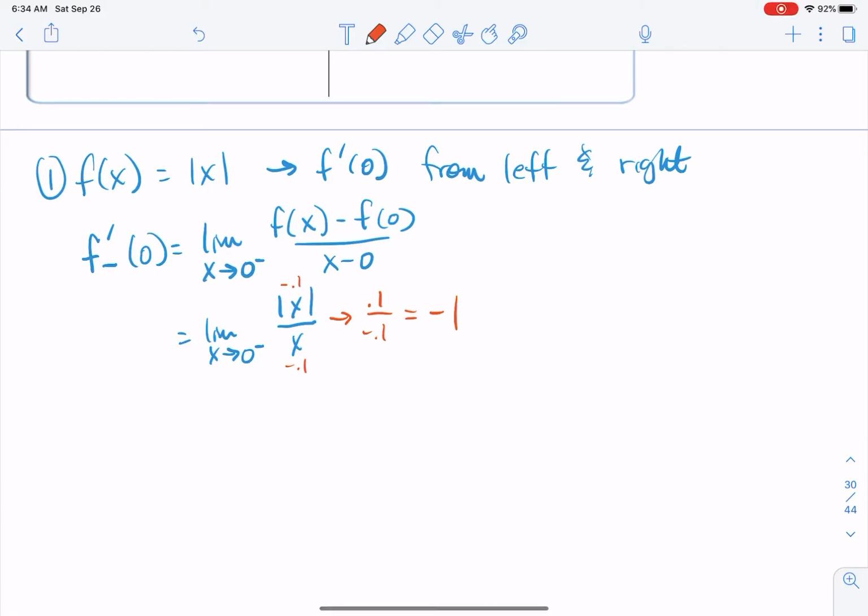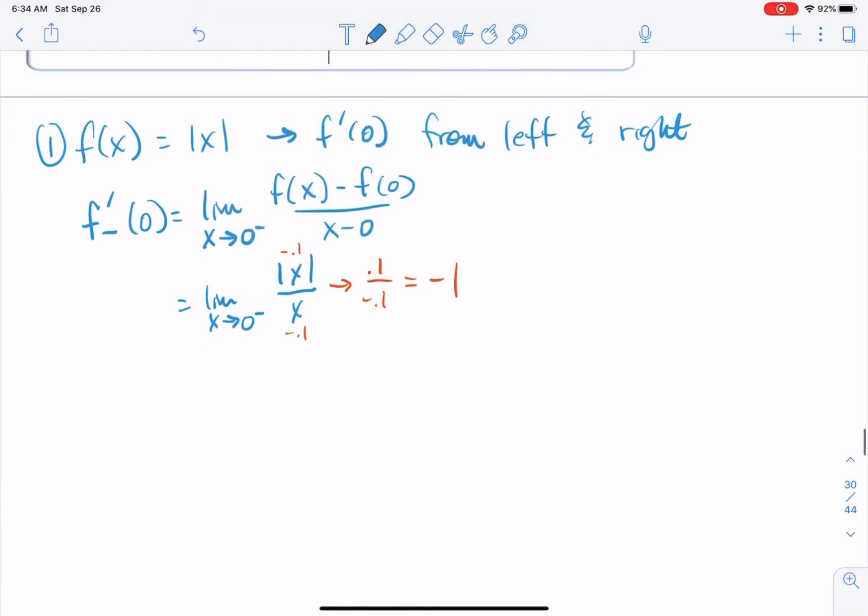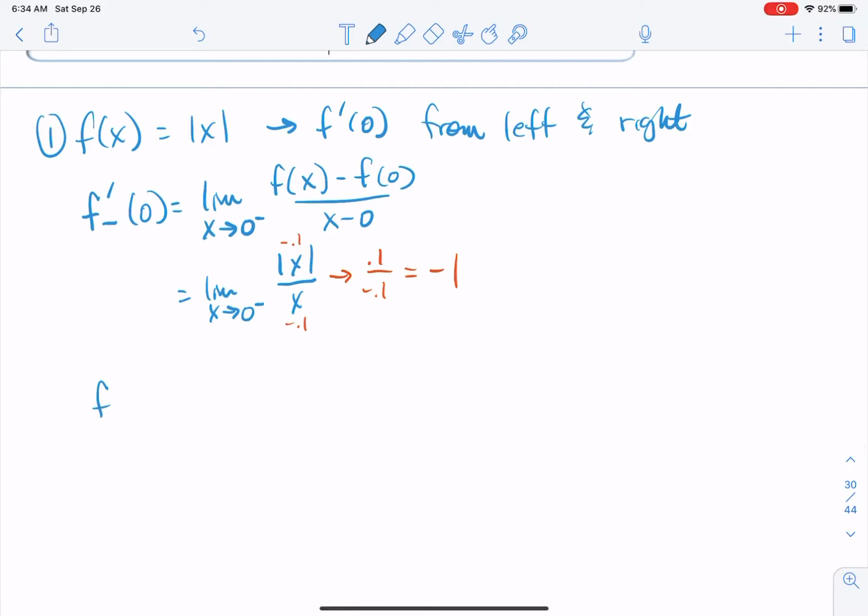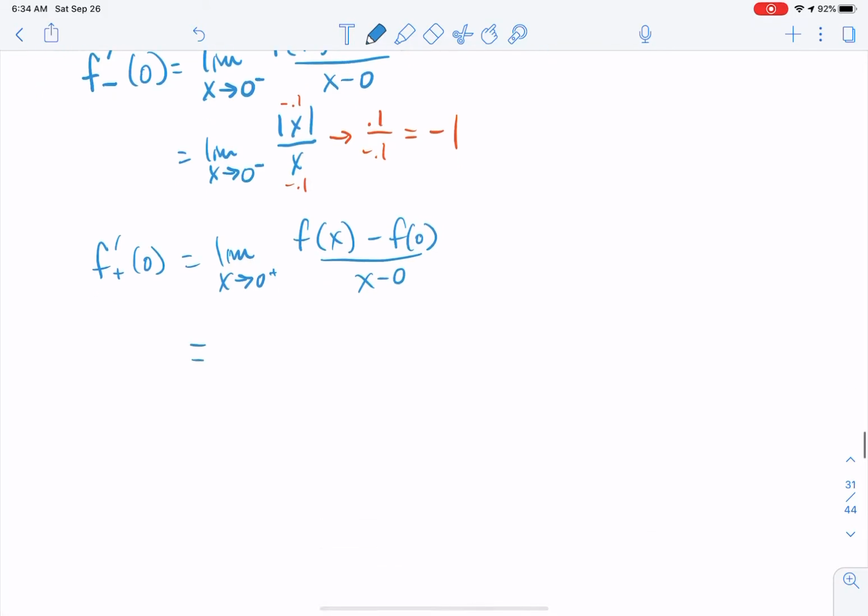Then let's do the same exact thing from the right-hand side. f prime from the right of 0 is the limit as x approaches 0 from the right of f of x minus f of 0 over x minus 0. I'm going to have the exact same function here, absolute value of x over x.